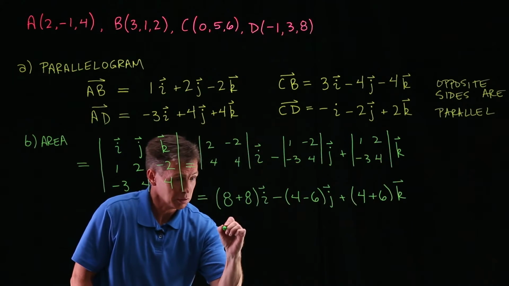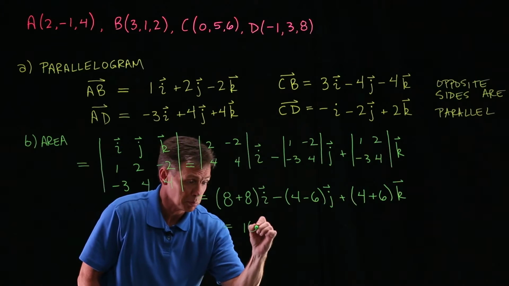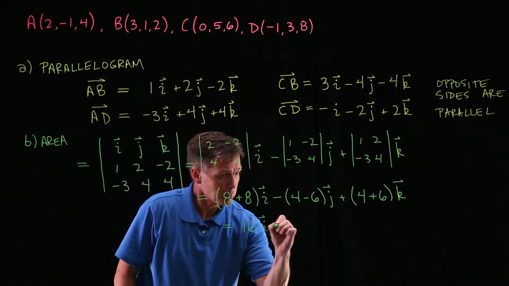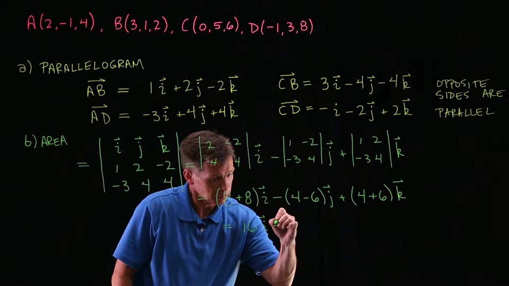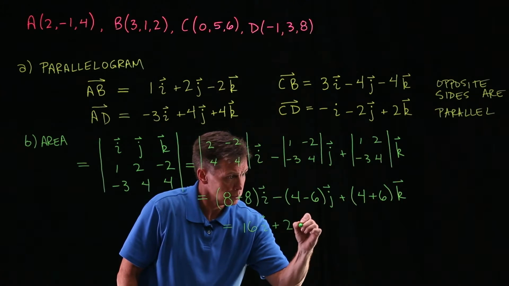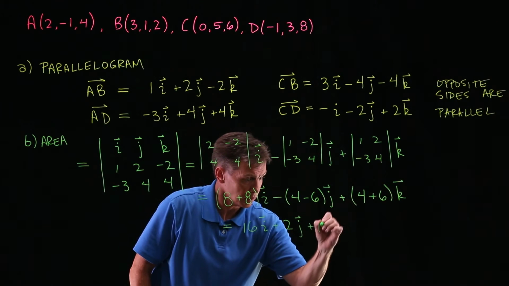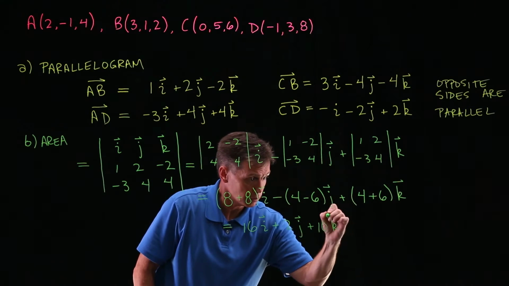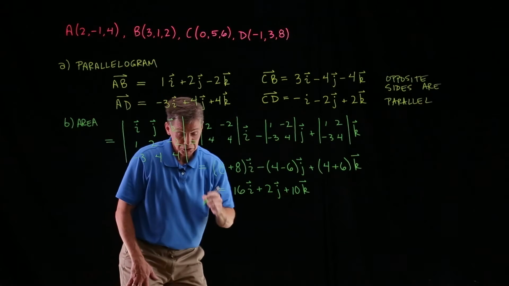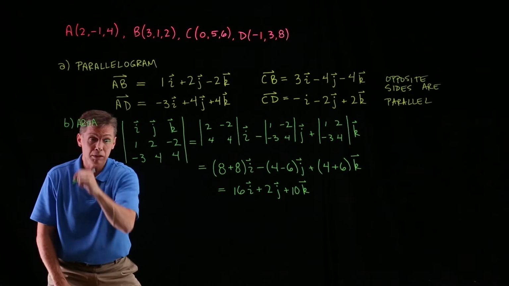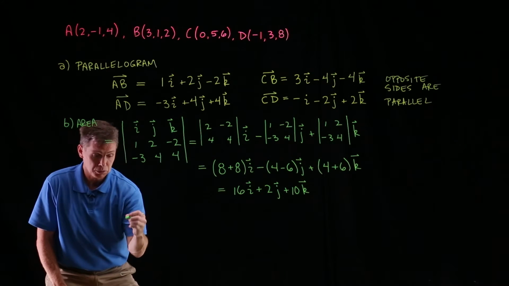And I'll go down to clean that up just a little bit. The arithmetic, 16 I minus, this is going to be a minus 2, right? So plus 2 J vector, and then plus 10 K vector. Looking good. And then what we actually want, in terms of the area, they asked us for area, we need the magnitude of that.